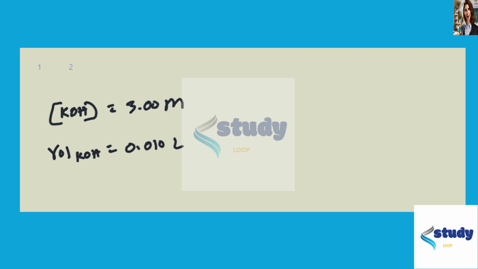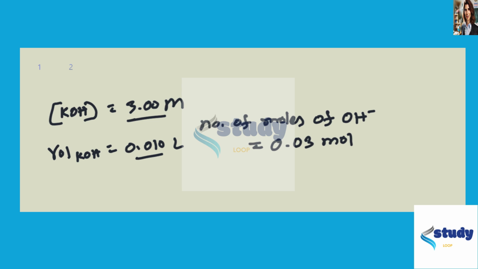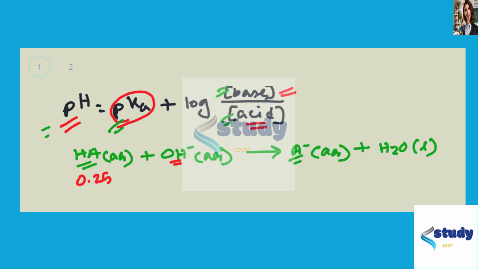The number of moles of KOH or the OH minus ion will be simply the product of these two. So the number of moles of OH minus will be 3 mole per liter times 0.010 liter, and it will be 0.03 mole. We put the number of moles of OH minus here, and initially we have 0 of the conjugate base.